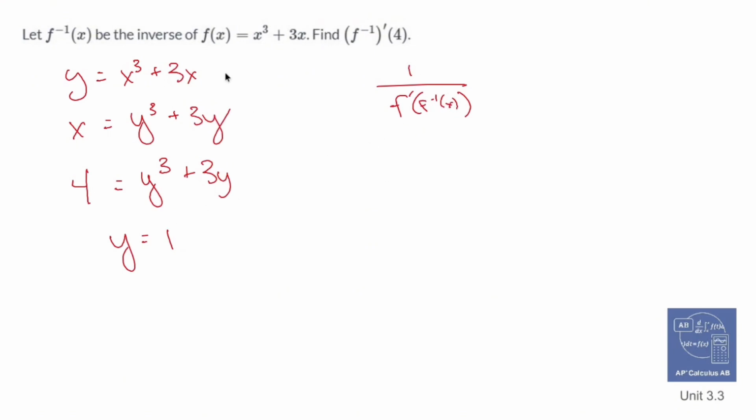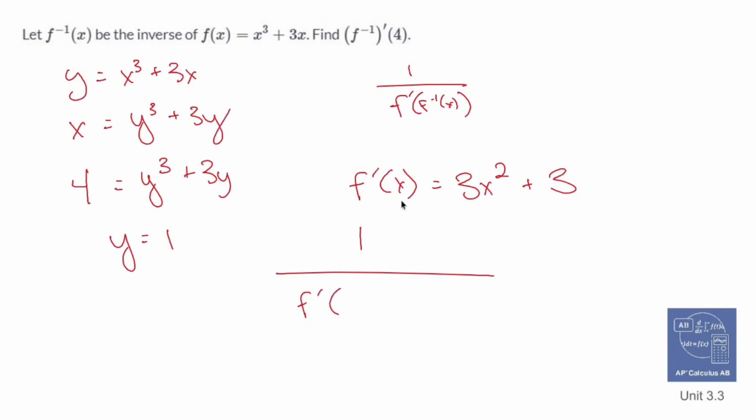So f prime of x is going to equal 3x squared, power rule, plus 3, power rule again. So 1 over f prime of 1 is going to look like this. I misspoke earlier when I said f inverse of 1.